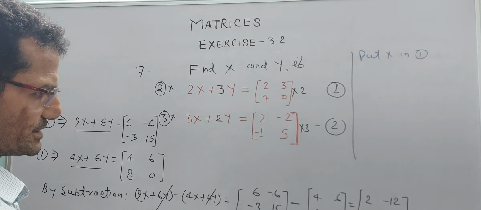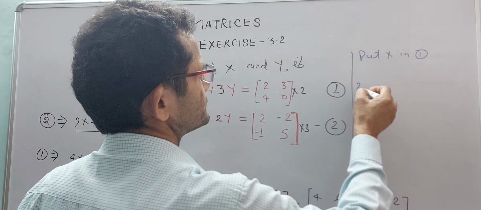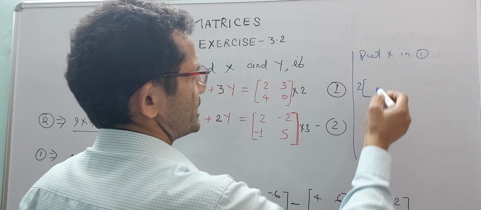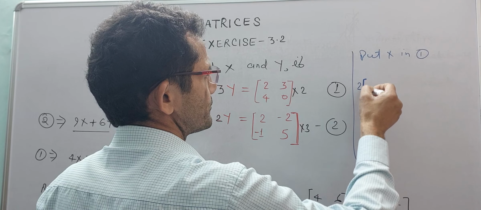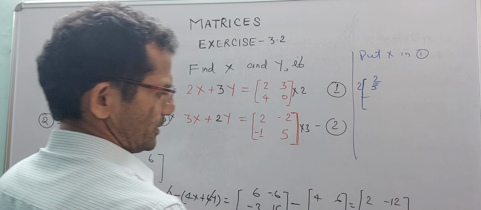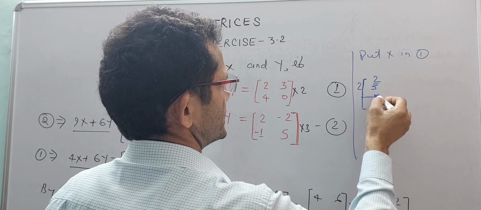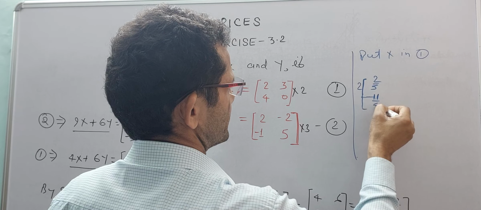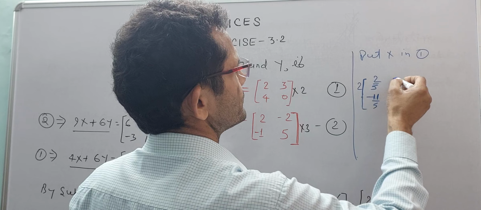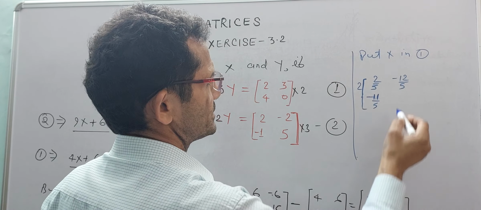Our matrix x is this one: 2 by 5, minus 11 by 5, minus 12 upon 5, and 3.